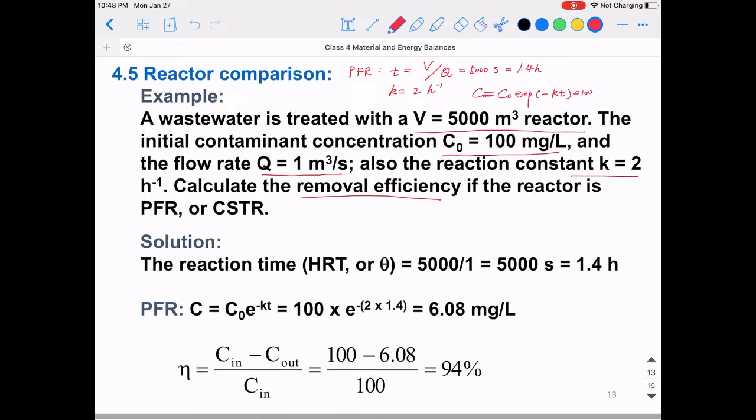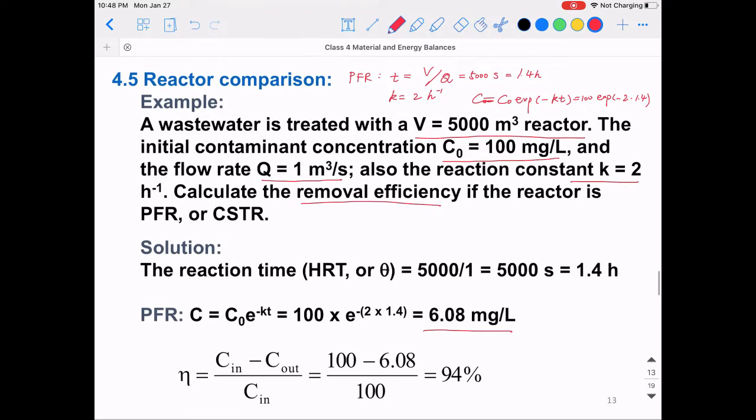The initial concentration is 100, and then this is exponential of minus 2 multiplied by 1.4. You can find that the final concentration is 6.08. To calculate the removal efficiency, it is C initial minus C final divided by C initial. For a PFR, the removal efficiency is 94%.